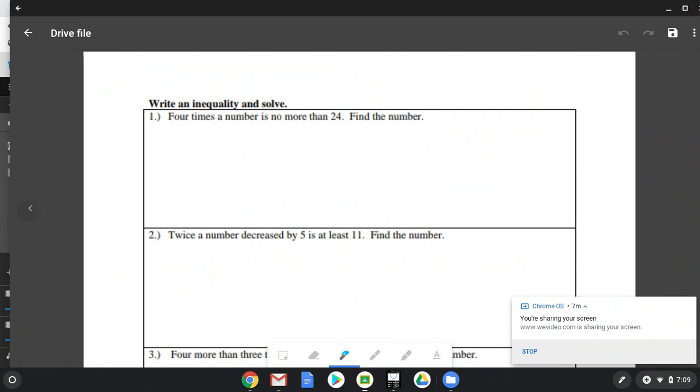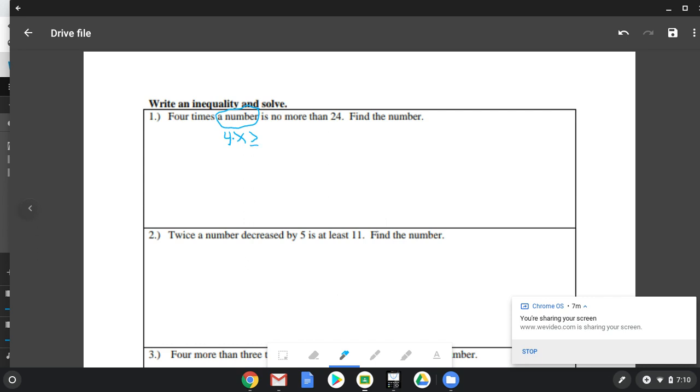If we take a look at number 1, it says 4 times a number is no more than 24. So we know that a number is our variable. So we usually use x. So 4 times that number would be 4x. Is no more than means that we have a greater than sign, and then no more than is the equal to, right?